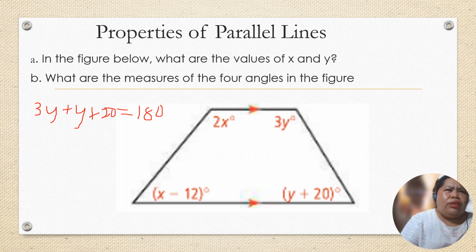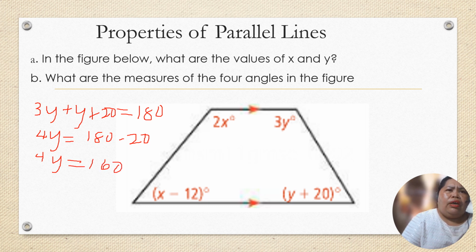Then 3 plus 1 is 4. 4y is equal to 180 minus 20. So 4y is equal to 160 divided by 4. Okay, y is equal to 40.